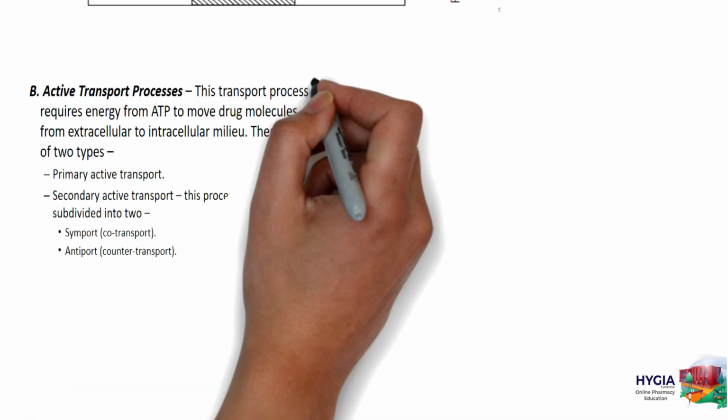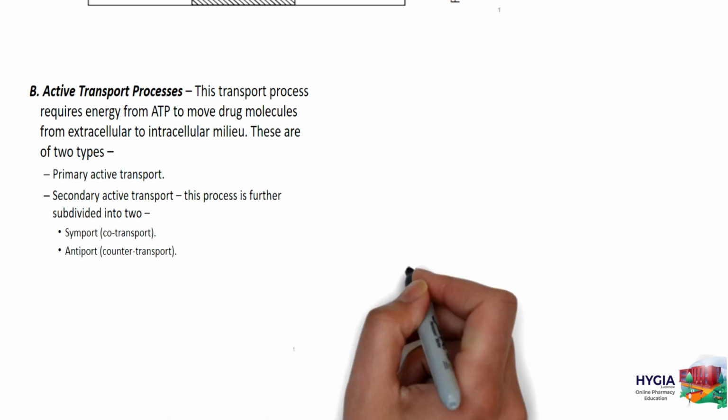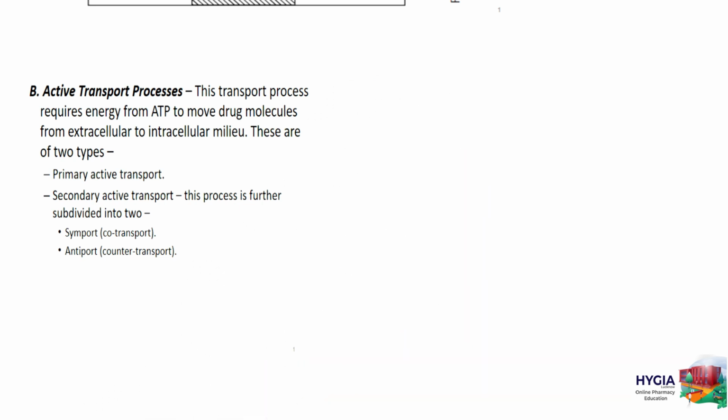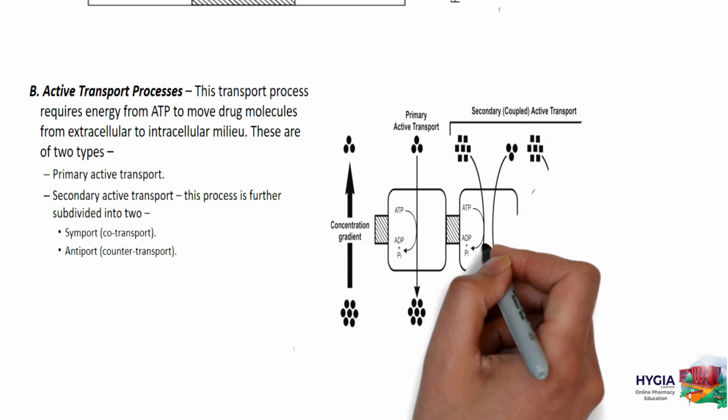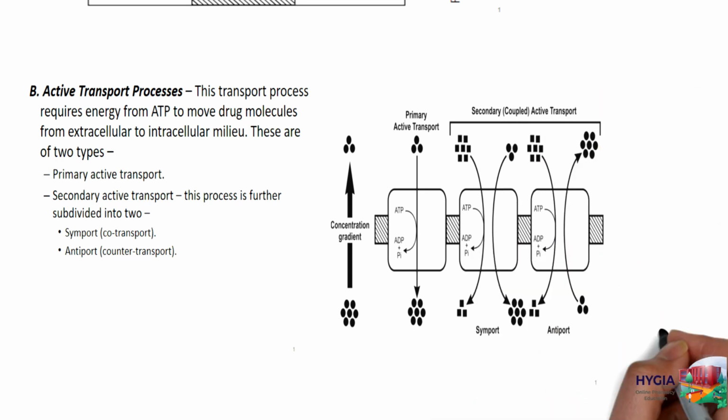Coming to active transport mechanism. Active transport mechanism is opposite to passive transport mechanism. It utilizes energy in the form of ATP during the drug transportation. Active transport mechanisms are of two types. First one is primary. In case of primary mechanism, the drug will transport with the utilization of ATP directly on itself, right?